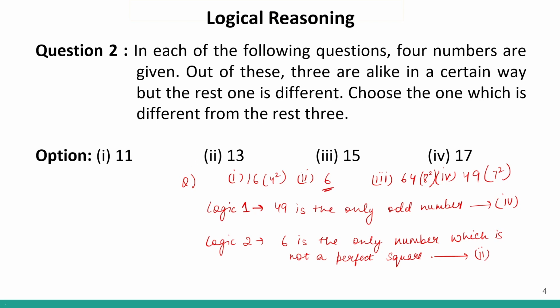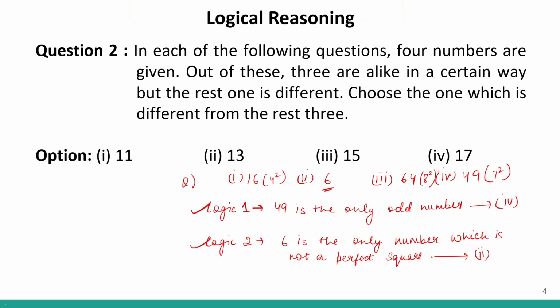Whenever we have questions on odd one out, in your examination, you will have only one option which is correct. So only one logic will be used. But in these kinds of questions, sometimes more than one logic can be applied. We can apply 2 or 3 different logics. When I am solving a question, I am using one logic.